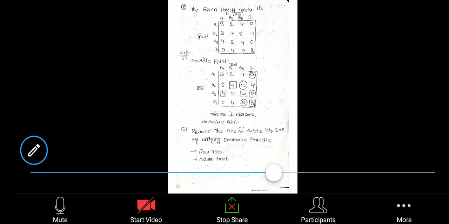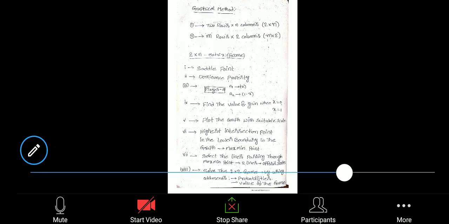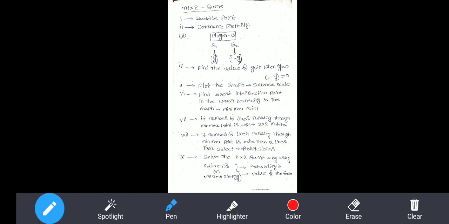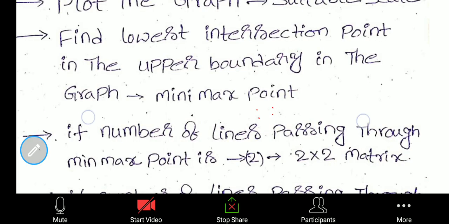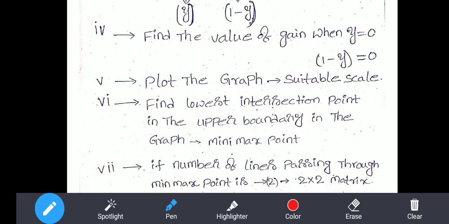Sorry for the disturbance. The lines passing through the minimax point will be y equal to 0 and y equal to 1.